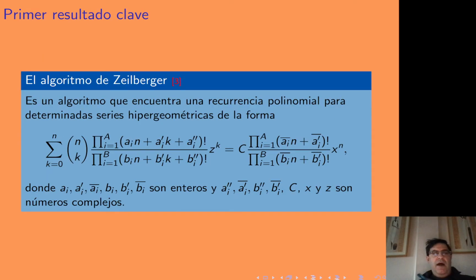Now, of course, it's not difficult, by using Zeilberger's algorithm, to prove that if you give me any hypergeometric series, more or less in general, they satisfy a recurrence relation like this. We usually would like to have this part equal to 0, like in the previous case.